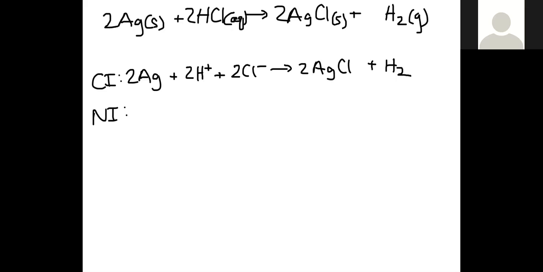Do not break apart that H2 into 2H. It is still hydrogen gas. It does not change. So if anything is a phase besides aqueous, you cannot change it in terms of what it looks like from the molecular to the complete ionic.